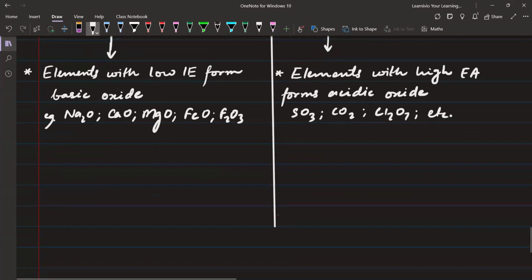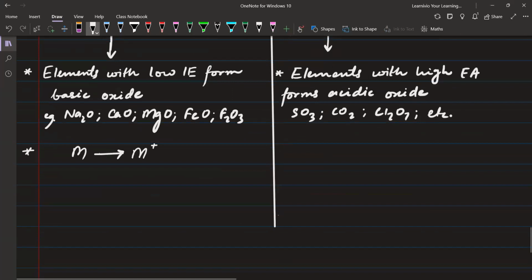And if we talk about elements with low ionization enthalpy, for example we have some element and if it has low ionization enthalpy then it can easily lose electrons.